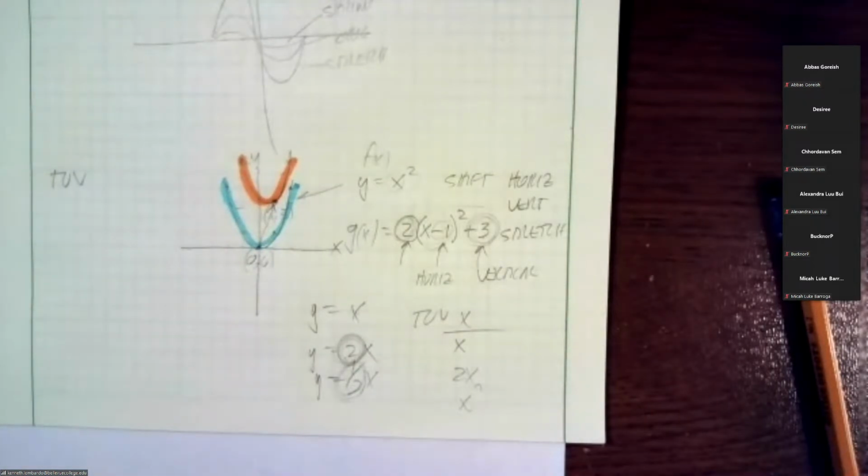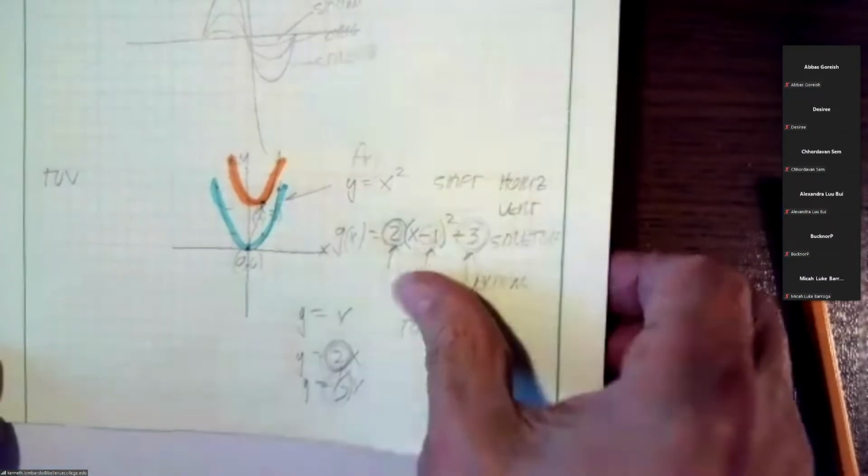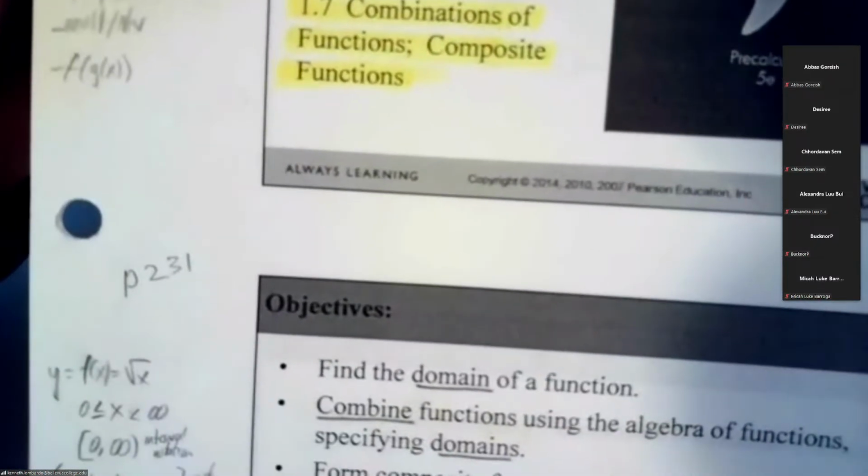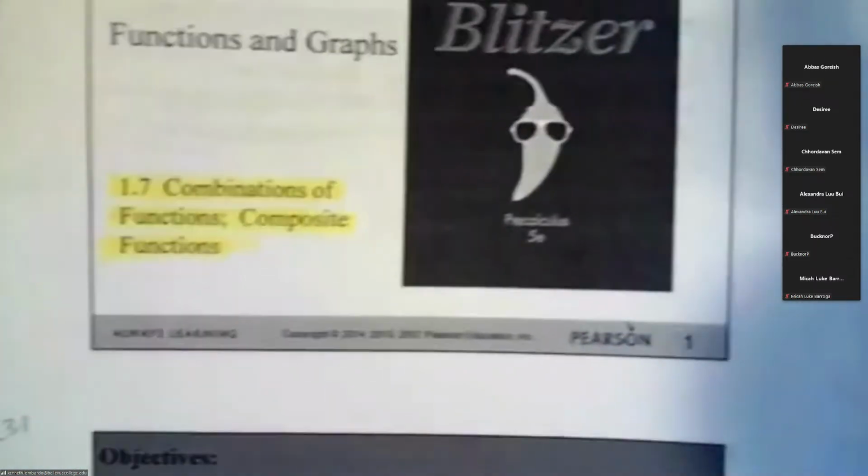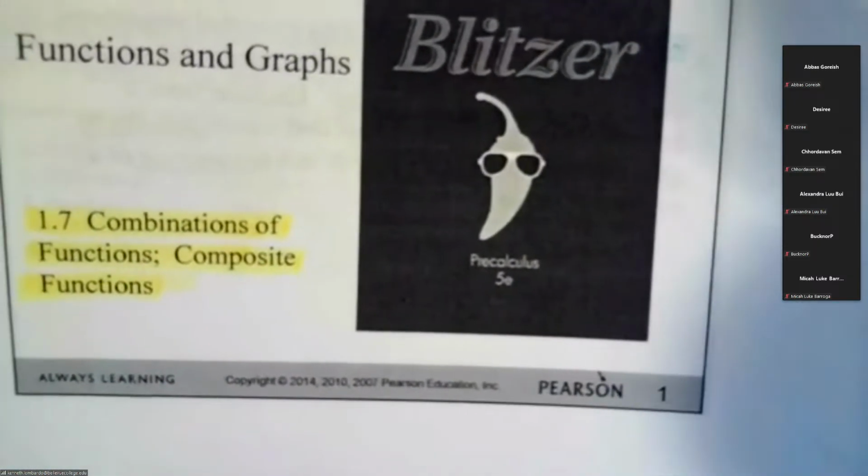Okay. Let me go to section 1.7, which is our last one that we'll cover today, combinations of functions and composite functions. So let's take a look at what some of those might look like.